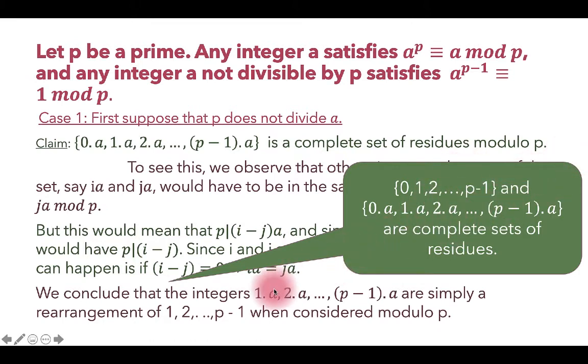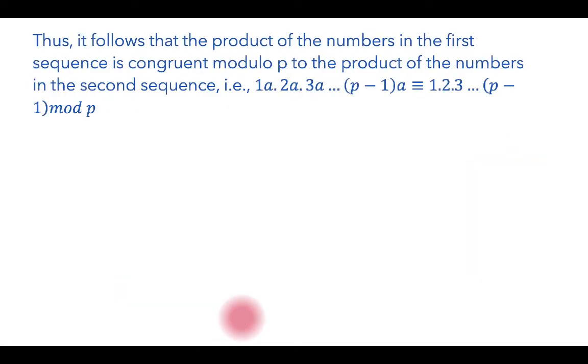So we can say that 1A, 2A, etc., P minus 1A is simply a rearrangement of the elements 1, 2, etc., P minus 1 when considered modulo P, since each of these elements will be congruent to exactly one element from this set. So we can consider this as a rearrangement of these elements.